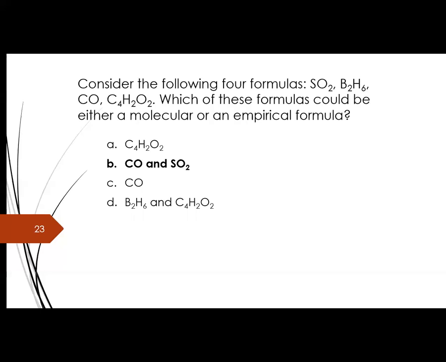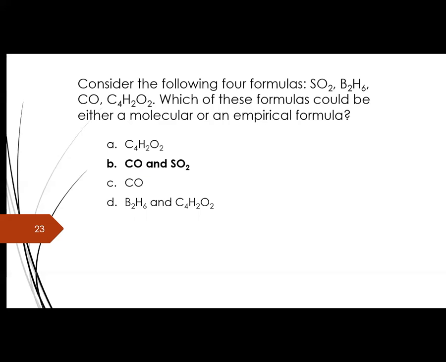The reason for this is CO and SO2, they're in the lowest ratio. So that could be an empirical formula. But it could also be a molecular formula because they also could be that same structure. So pretty much all of our different formulas could be a molecular formula for now, but not all of them can be an empirical formula. And so we want to keep that into consideration.